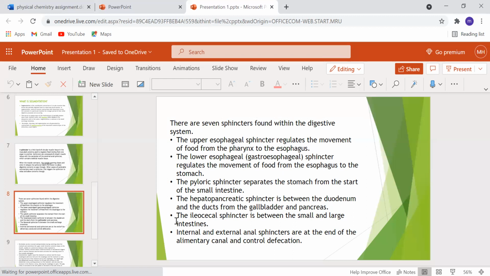Internal and external anal sphincters are at the end of the alimentary canal and control defecation. So these are 7 types of sphincters found in our digestive system.